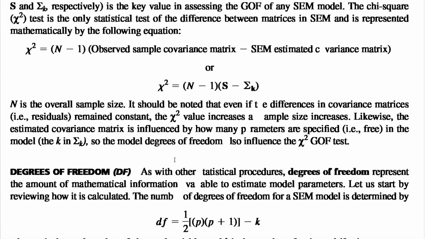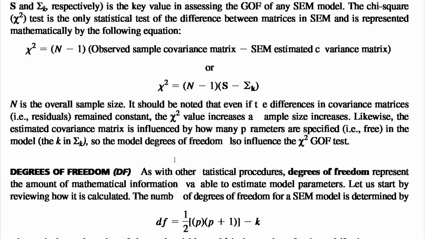It should be noted that even if the difference in the covariance matrices, that is the residual, remains constant, the chi-square value increases as the sample size increases. Likewise, the estimated covariance matrix is influenced by how many parameters are specified, that is, freed in the model. So the model degrees of freedom also influence the goodness of fit.